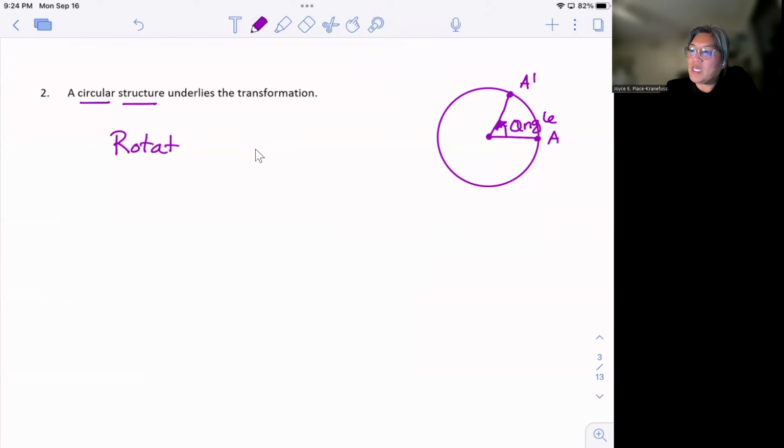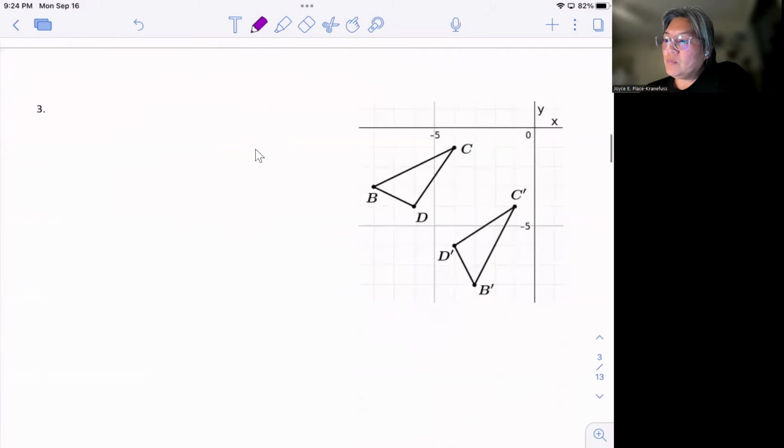Absolutely, that's a rotation as well. A rotation has that circular structure. Notice this distance is congruent to this distance from your center of rotation. All right.